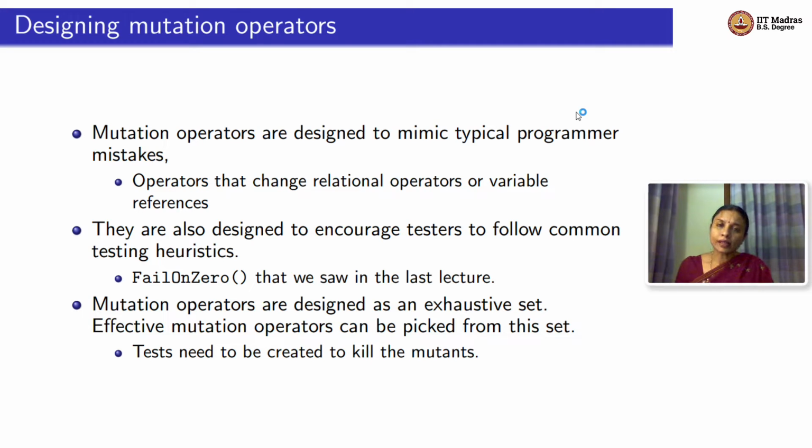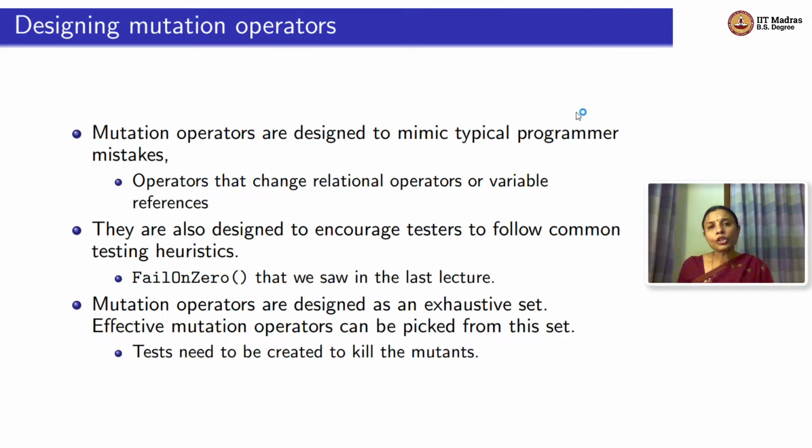So typically a developer, as a part of routinely debugging his or her code, should test the code for these kinds of errors. So mutation operators like fail on zero are designed to encourage developers to do routine testing practices.